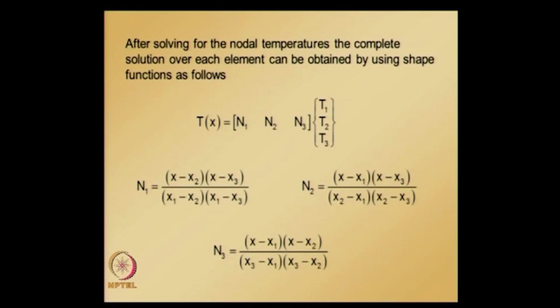And for a 3 node quadratic element, we can derive these shape functions N1, N2, N3 using the Lagrange interpolation formula. So, this is required for post processing. Once we get the temperatures at all nodes, to get the complete solution over the element, we need to do this kind of interpolation.